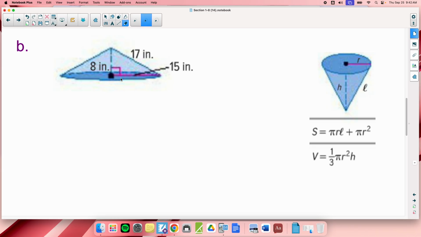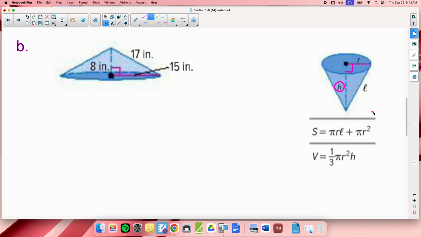You're gonna be given the radius, you're gonna be given the perpendicular height, right here is your perpendicular height, and then you're gonna be given a slant height. Do you guys remember with the pyramids yesterday, we had a slant height and a perpendicular height? Same thing here. The straight up and down perpendicular one is H, the slanted one is L.